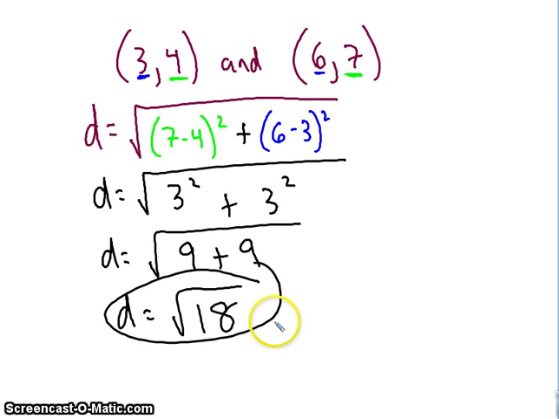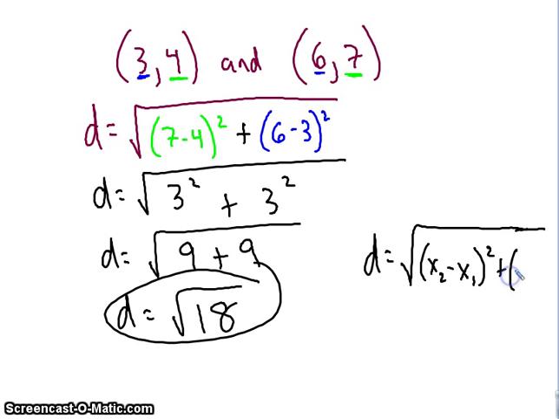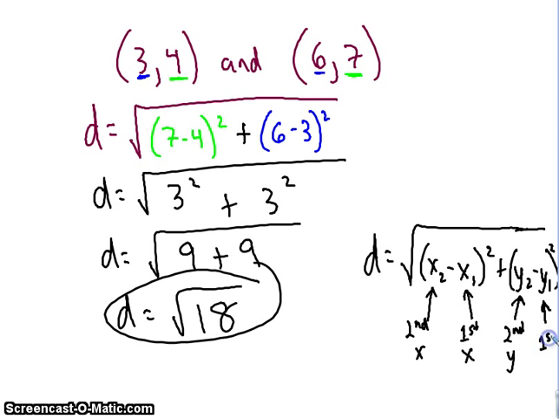Okay? So remember the formula, D is equal to, and you're going to see it in the book in a pretty fancy way, x2 minus x1 squared plus y2 minus y1 squared. These are called subscripts. This one is telling us the second x value, second x, minus the first x. And this one's saying the second y minus the first y.